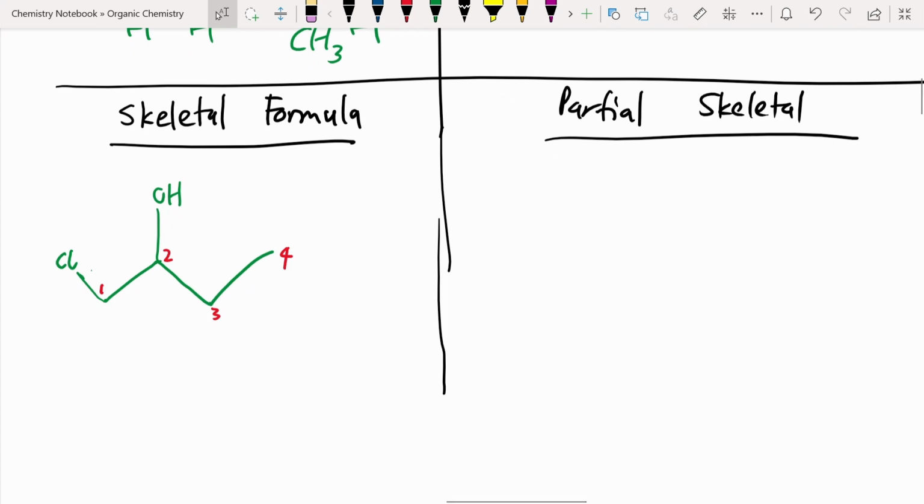Then the third one, you have 2 methyl groups there. This is the third one, and then these are the 2 methyl groups at the bottom here.